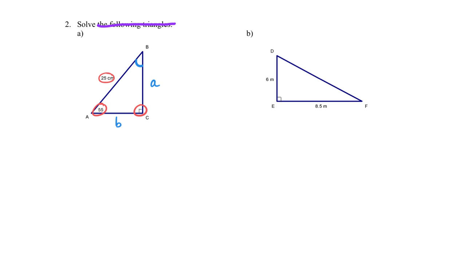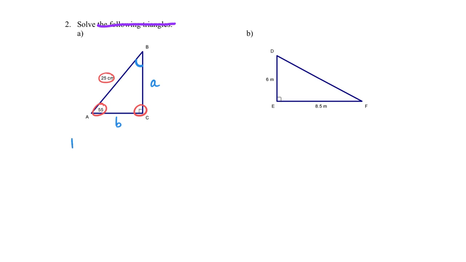Well, I think the easiest thing to find right now would be angle B. It does not require technology. Because I have two angles inside of that triangle, that means I can find the third. I do not need to see this, but I'm going to write it in blue. I'm almost breaking my rule right off the bat, but I'm going to write it in blue because I think it's that important for you to write.